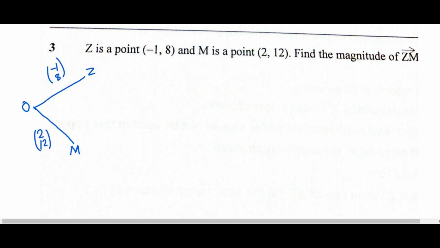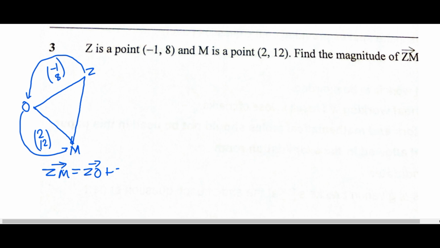Now the question is, if we want to find the vector ZM, how can we find it? We can see that we will move from Z to O, so ZO, plus we will move from O to M, so we have OM here. Let's look at ZO.